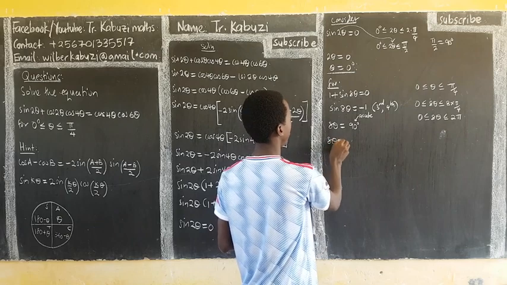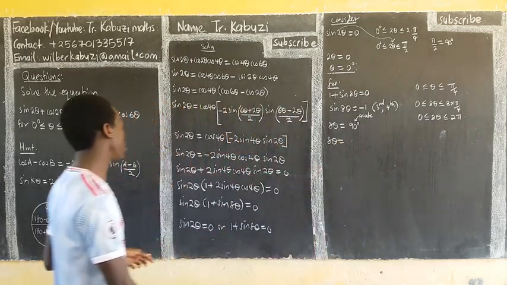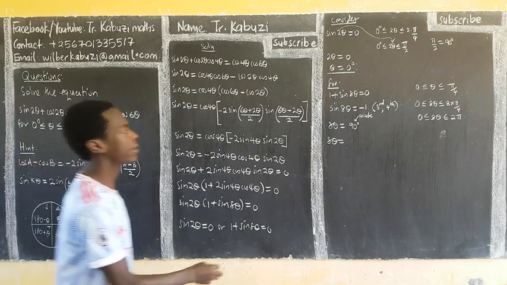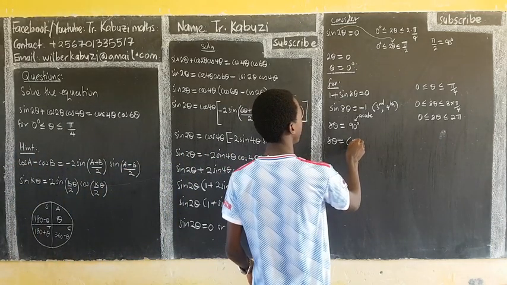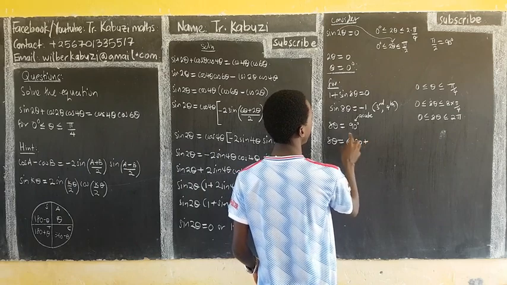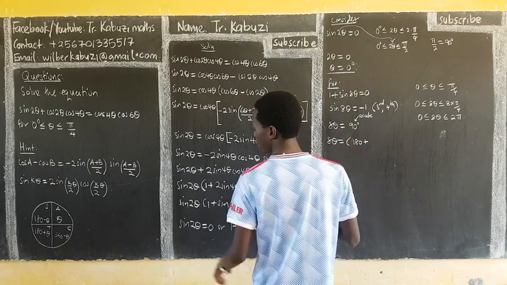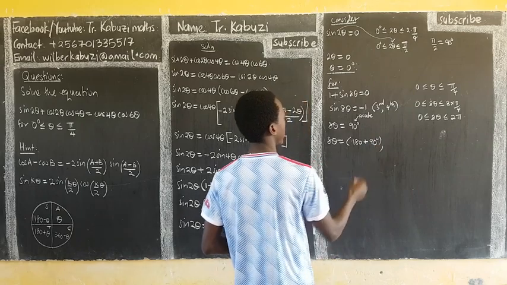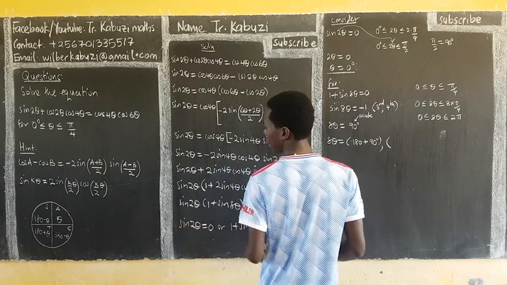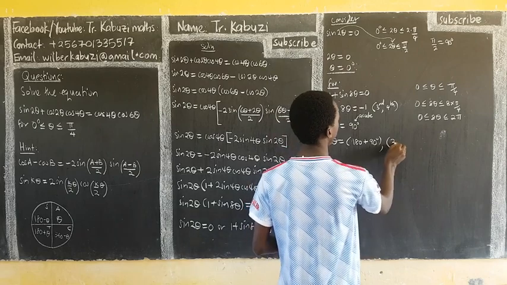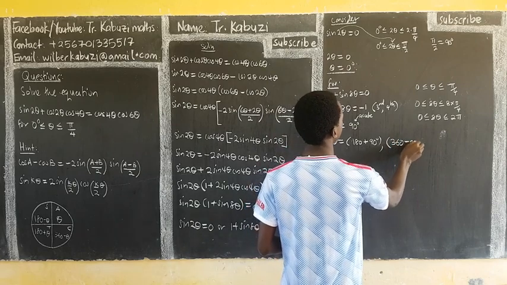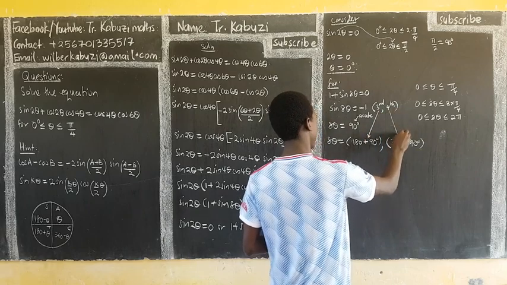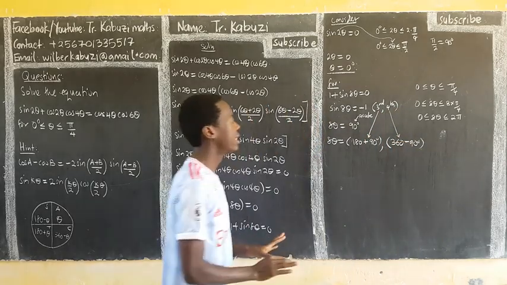So my 8 theta now, these angles are going to be in the third quadrant and the fourth. So in the third, we get 180 plus the acute angle, plus 90 degrees, and then in the fourth we get 360 minus 90 degrees. This is the third, and this is the fourth quadrant. As simple as that.